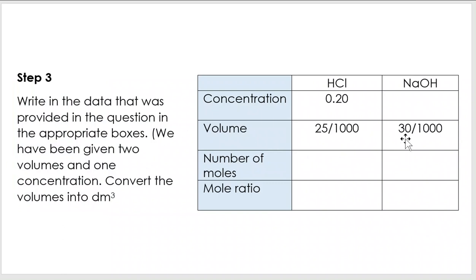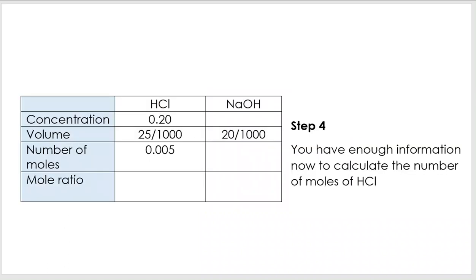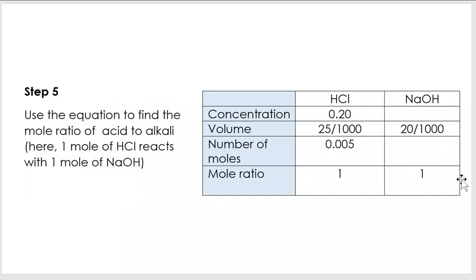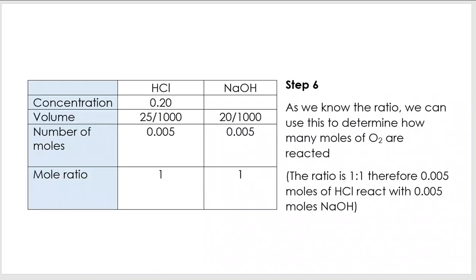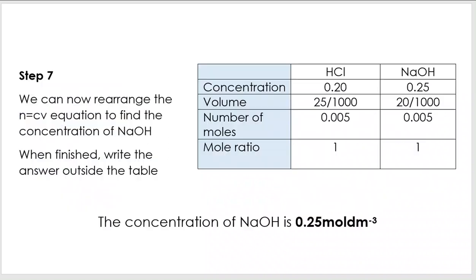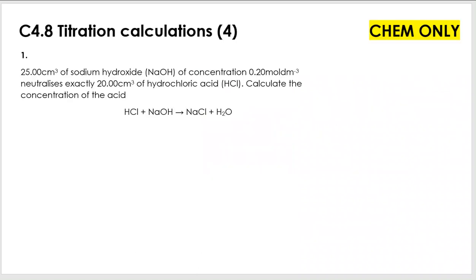What I can now see is I've got c and I've got V for HCl, so I can calculate the number of moles. I can then use my mole ratio, 1:1 mole ratio, which means 0.005 moles. And then from there, I can see that I can work out 0.25 moles of NaOH. So let's have a go at some examples. Try this and unpause when you're ready.